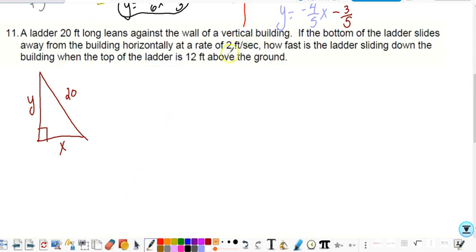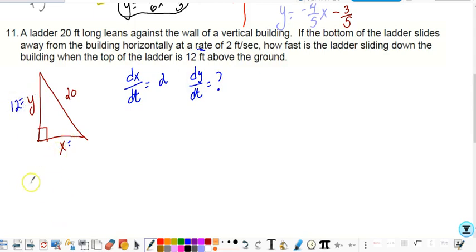The bottom of the ladder, that's this part, slides horizontally at a rate. So dx/dt, because everything's with time now, is 2 feet per second. How fast is the ladder sliding down? So dy/dt, that's what we have to find when the top of the ladder is 12 feet.